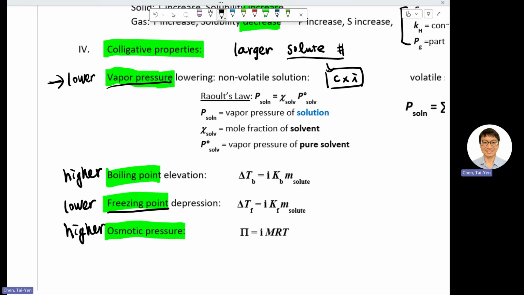That means it can occupy two sites now. That's why you need a correction factor i. If a molecule dissolves into four particles at the same concentration, they block out more sites, and you further lower the vapor pressure. So that's why you have i times the concentration that you dissolve. That gives the effective concentration, or what we call the solute particle number.